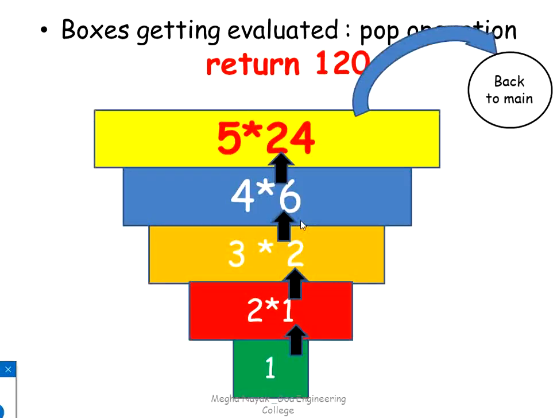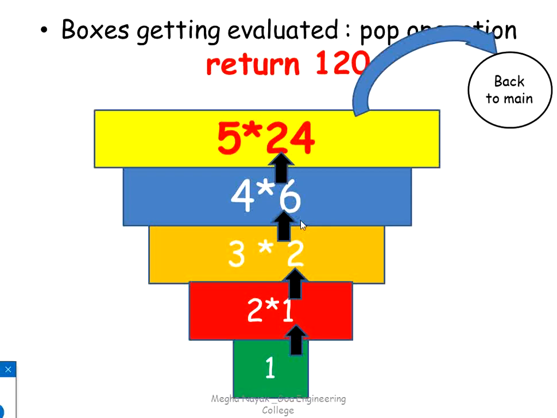Therefore, you get 5 into 4 factorial, which was evaluated because of the blue box, and you get a final answer of 120. Now what you saw, the green coming out first and evaluated, then the red coming out later and evaluated, then the yellow coming out and evaluated, one by one each element of the stack coming out, opposite to the direction in which it got in, is referred to as a pop operation.